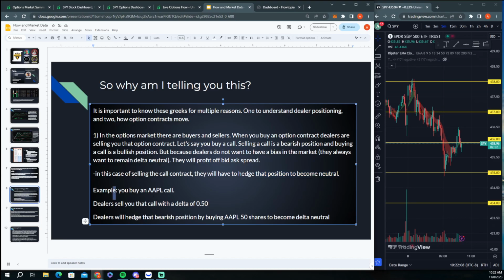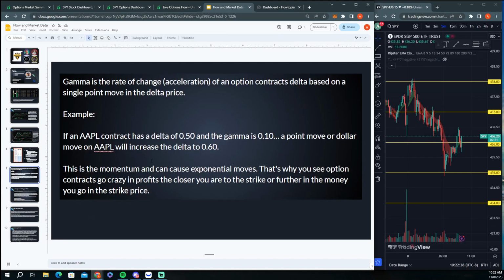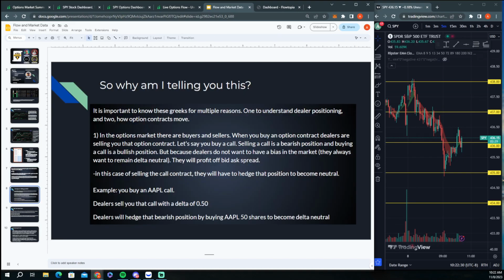So a little example that I have here, just to simplify it a little bit more: you buy an Apple call. So Fitz, you buy an Apple call, for example. So the dealer has to sell you that call. Now dealers have to hedge that by a delta of 50. So say we go back to that example of the Apple contract. So now there's that delta of 50. Now they're bearish 50 delta.